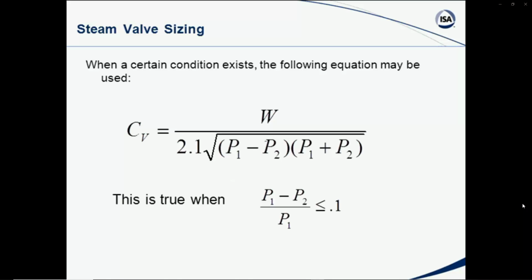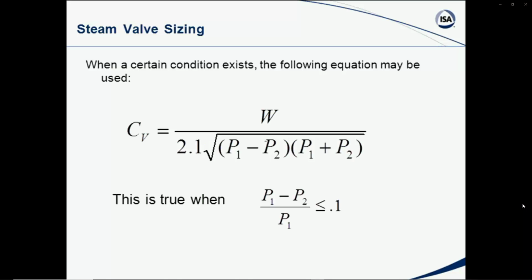If the pressure drop ratio, which is the ratio of the differential pressure to the upstream pressure, is equal to or less than 0.1, we can use a highly simplified calculation of the flow coefficient that says if you take the flow rate in pounds per hour, mass flow rate of the steam, divide that by 2.1 times the square root of the differential pressure times the sum of the pressures, it is amazing the accuracy that you can get. Only though when you have the situation that we display here.